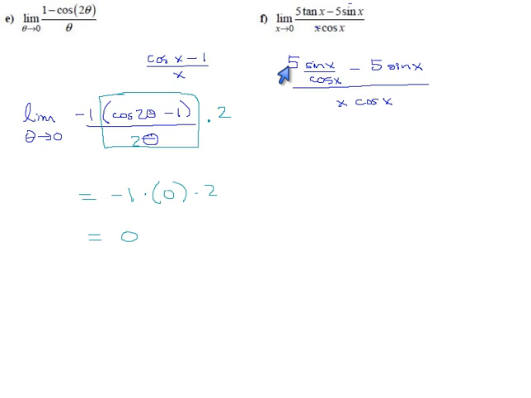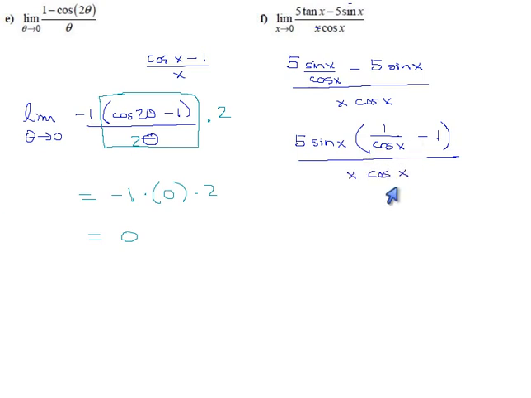We have a common factor of 5 sine x here. I think there might be some hope for that. If we pull out 5 sine x from our numerator, we are left with 1 over cosine x minus 1, all over x cosine x.